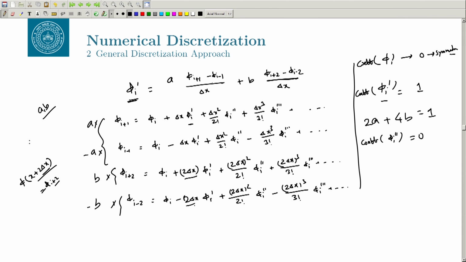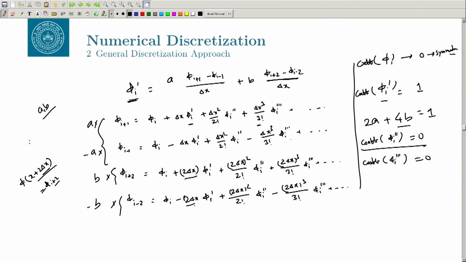That is how you got e equal to minus a and d equal to minus b, right. So, the last term that we need to see is phi I triple prime going to 0. We have two variables, so we need two equations. So, if you do that, this is delta x cube by factorial 3.